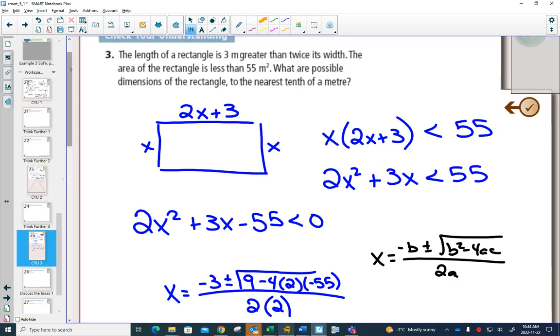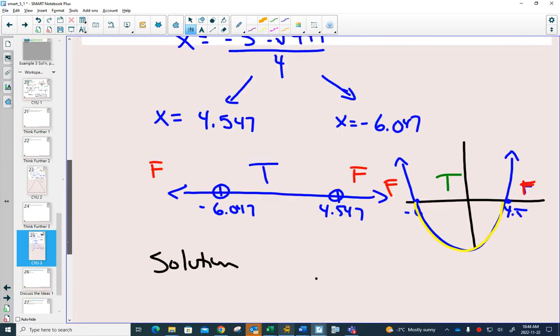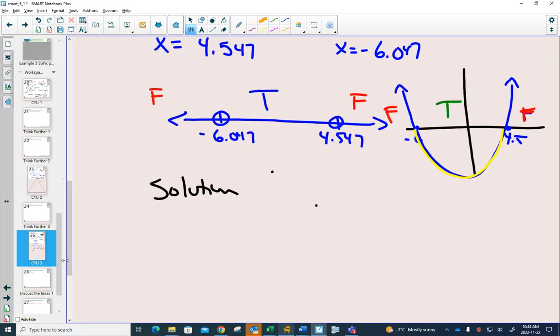Can't have negative length in a rectangle. Yeah, a rectangle can't have a -6 as a side length. It doesn't make sense. So we also have in this question that we can only think about positive values. You can't have a rectangle with a side length of 0. Then it's just a straight line. So as far as our solution goes, make a little note.